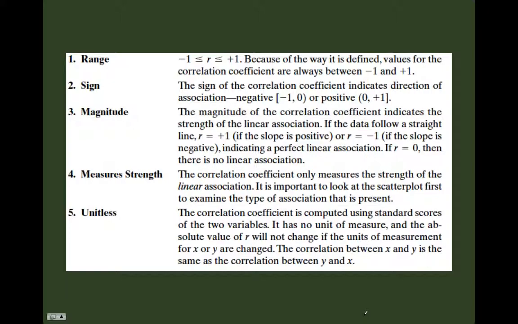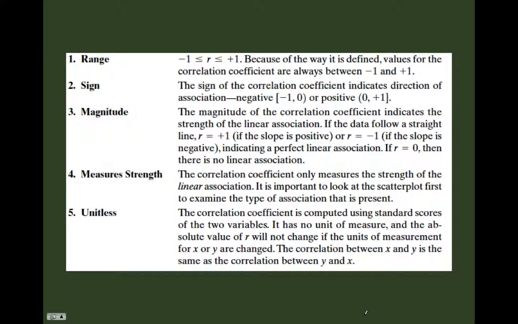That really never happens, but theoretically that's what it would mean. The correlation coefficient only measures the strength of the linear association. We have to look at the scatter plot to determine the type of association that's present. The other thing about the correlation coefficient is that it uses the standard score concept that we talked about earlier, and it has no units.